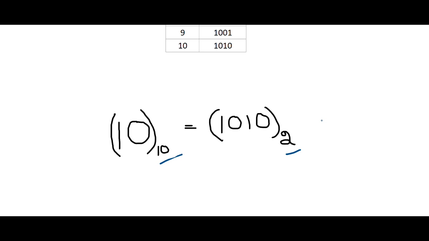So when you type 10 as a normal number, deep inside the machine it is stored as 1010, the binary equivalent of the decimal number 10. So the binary number is represented with a base 2 and the decimal number is represented with a base 10.